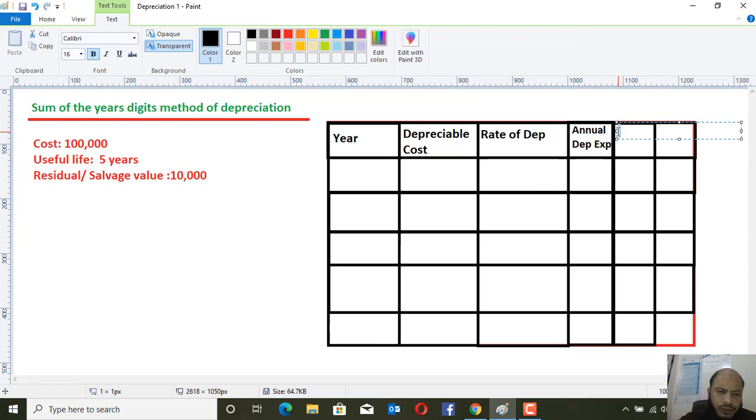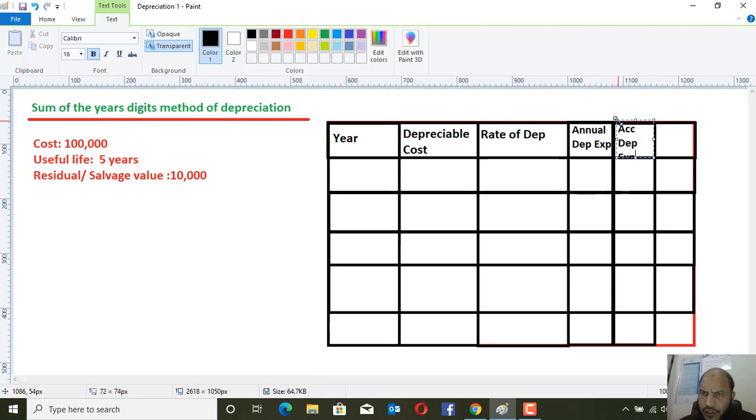ACC stands for accumulated, DEP stands for depreciation, EXP stands for expenses, and finally we will have the book value or the ending value of the asset.